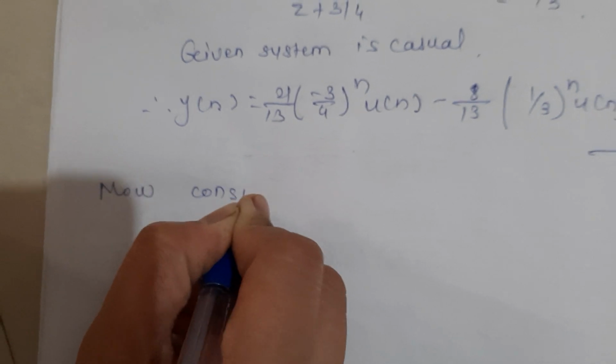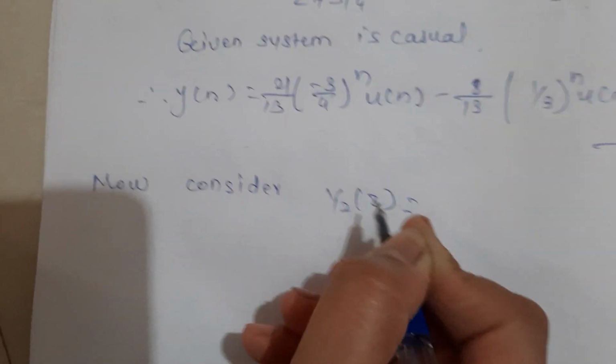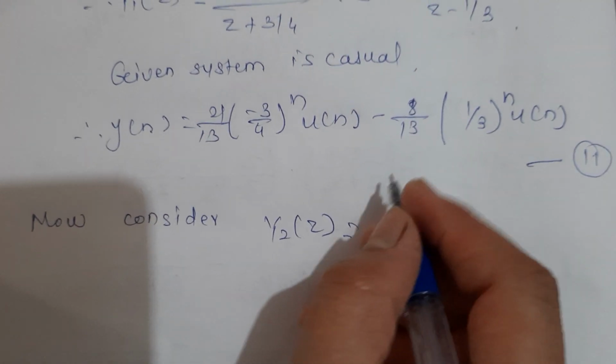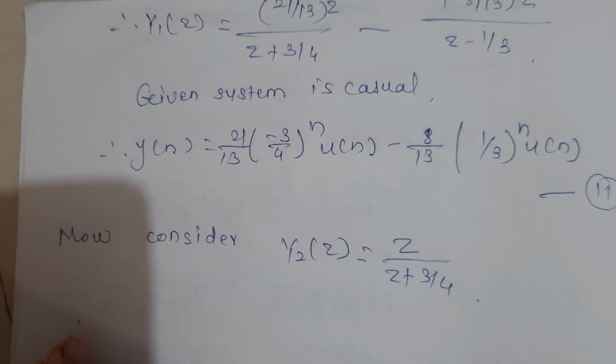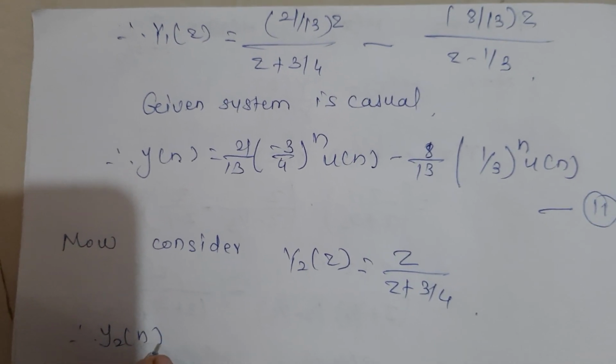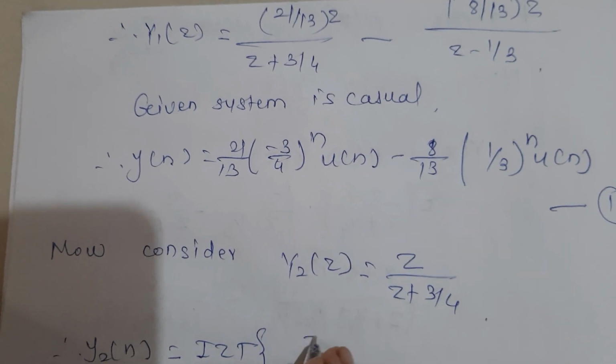Now consider y2 of z is equal to z by z plus 3 by 4. So y2 of n is equal to the IZT of this.